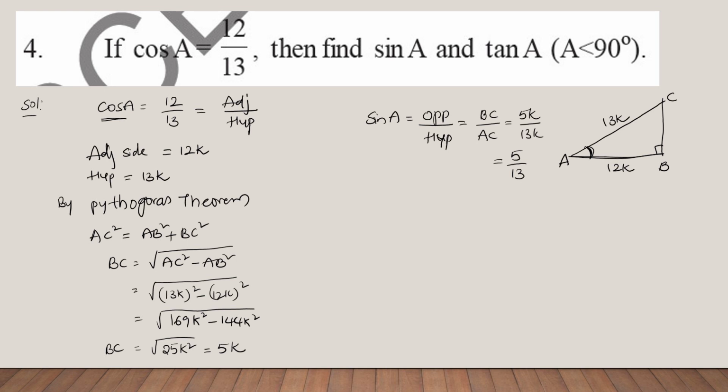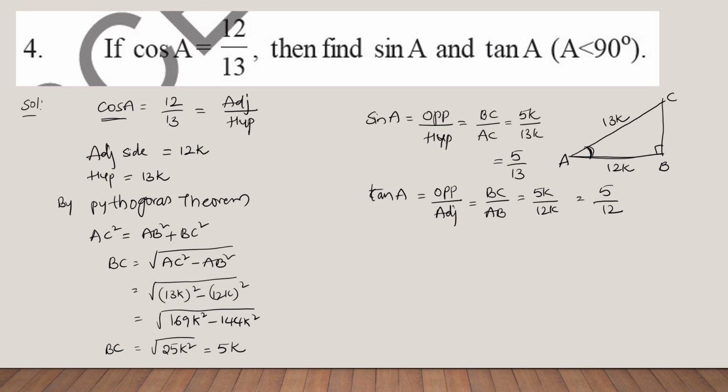Next, tan A is equal to opposite side to A by adjacent side to A, which is BC by AB. BC is 5k divided by adjacent 12k, which gives 5 by 12. This is my value of tan A.